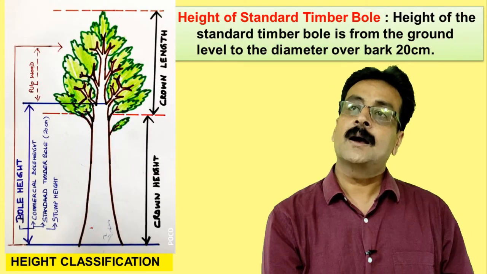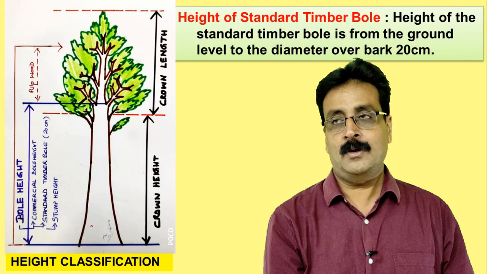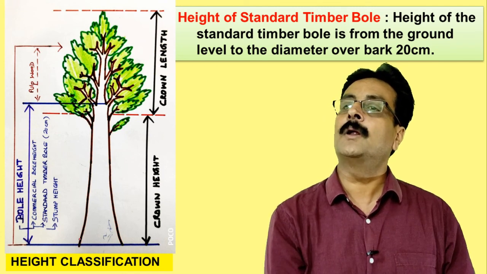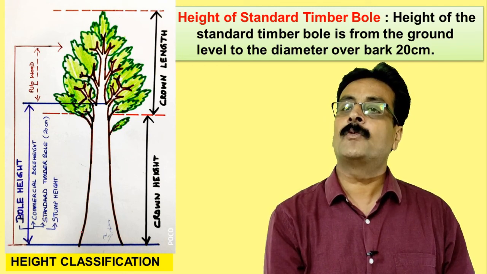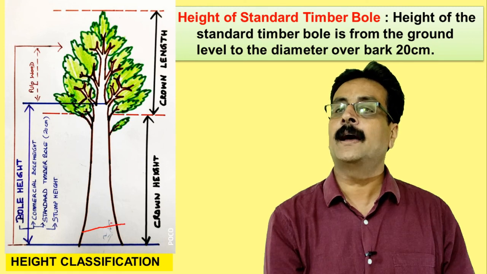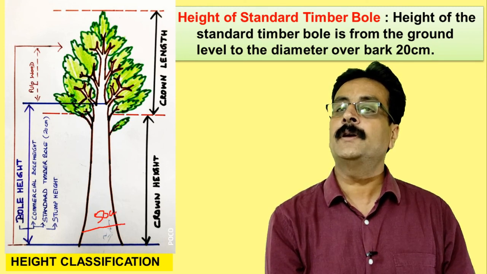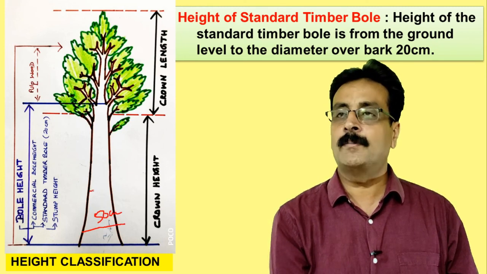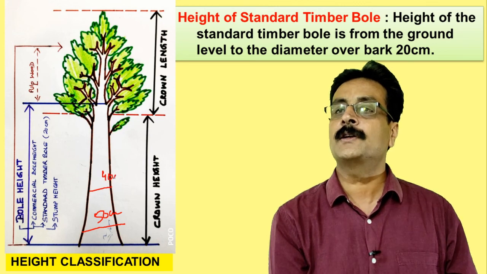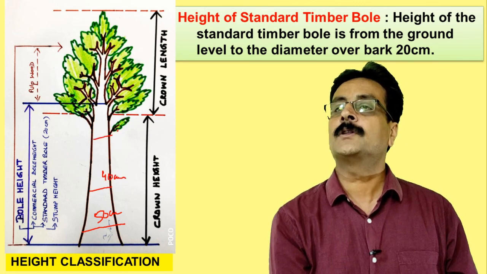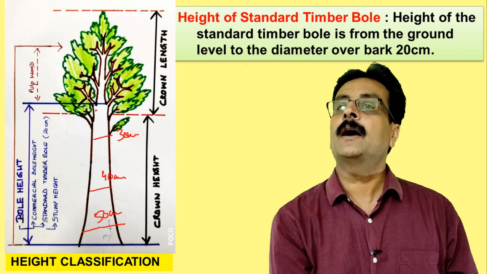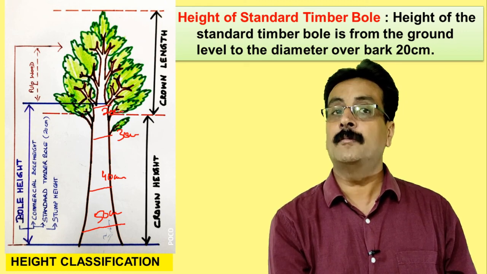Then next is height of a standard timber bole. Now what do you mean by height of a standard timber bole? For example, at the base I find the diameter is 50 centimeter. As I go a bit above, it is 40 centimeter. Then I go above more, it is 30 centimeter. Now here it is 20 centimeter above bark.